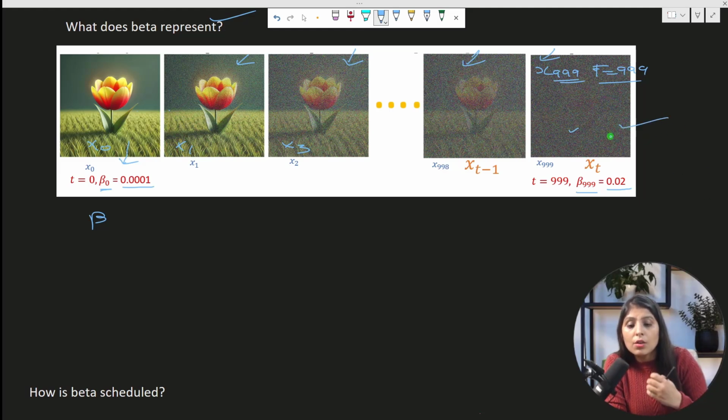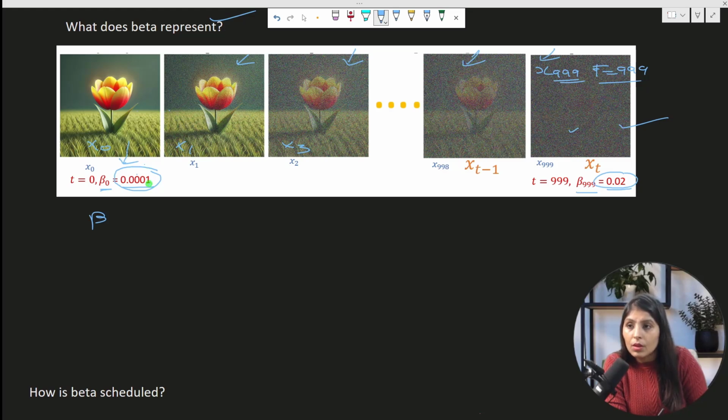But what should be the amount of that noise? That part is handled by this beta. So the value over here means this much noise I want to add to the image which it got from the previous time step.